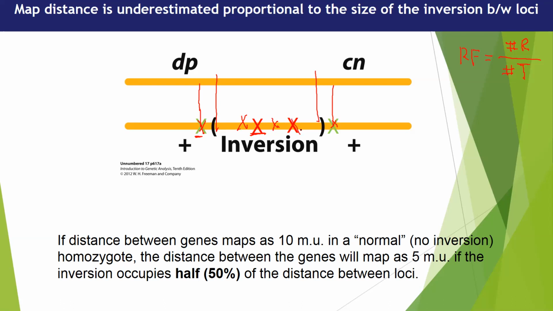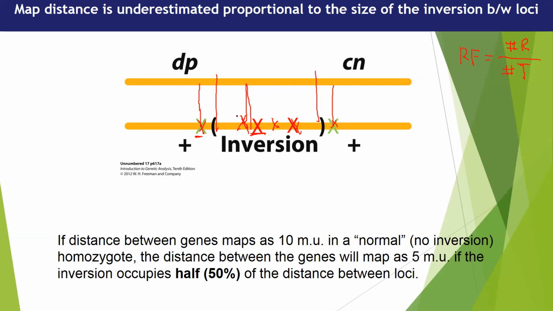any crossover within this inversion region is not observable. Why? Because if there's a crossover occurring here, then half of the gametes will not survive, because of the deletion or both deletion and duplication. We learned this last time.